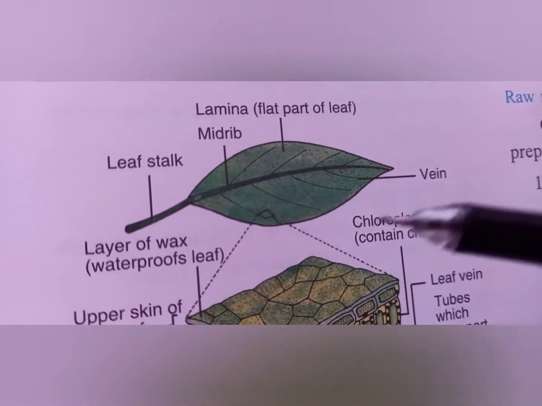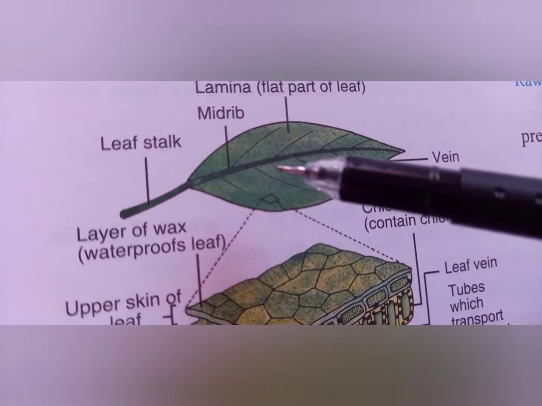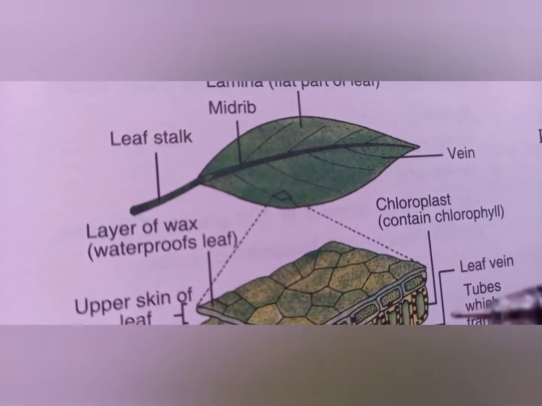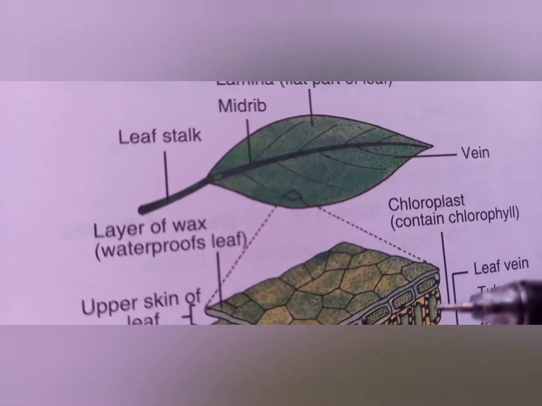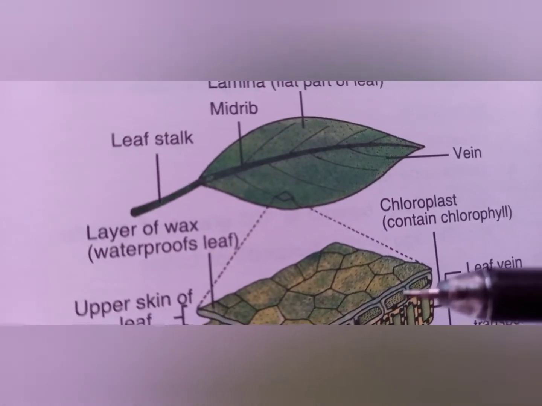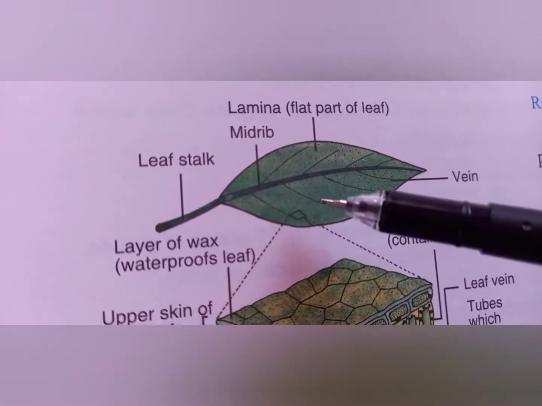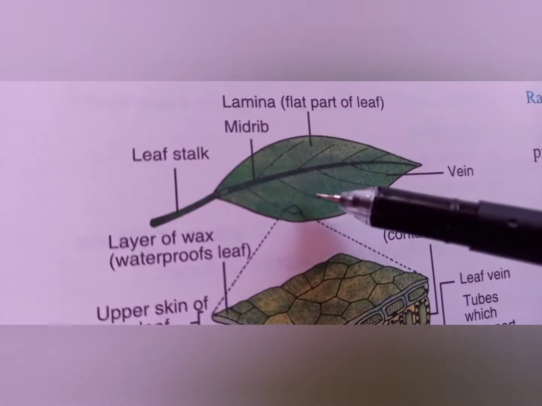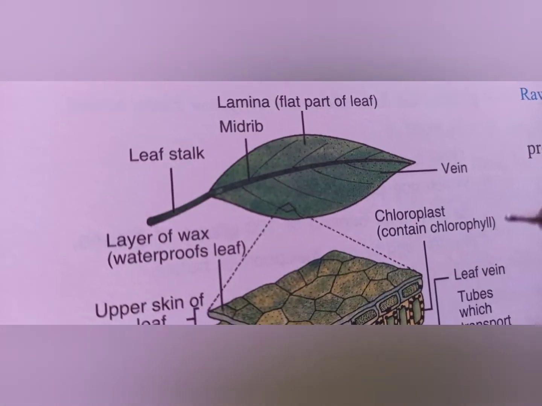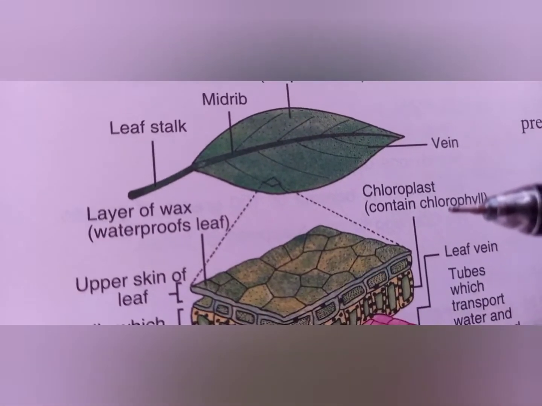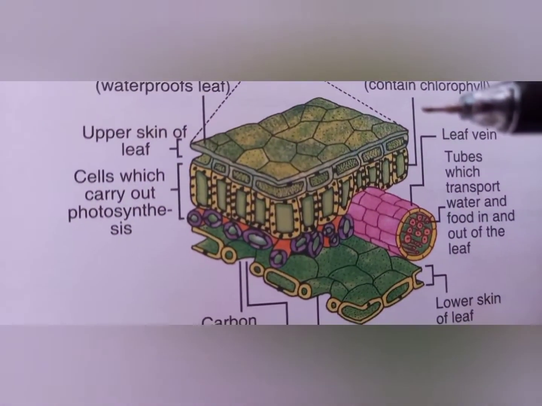So see, this is the structure of a leaf. The leaf has two very important structures, chloroplast and stomata. This is the flat part of the leaf which captures the maximum sunlight, and it also has chlorophyll, which is in the chloroplast. See here the internal structure of a leaf.